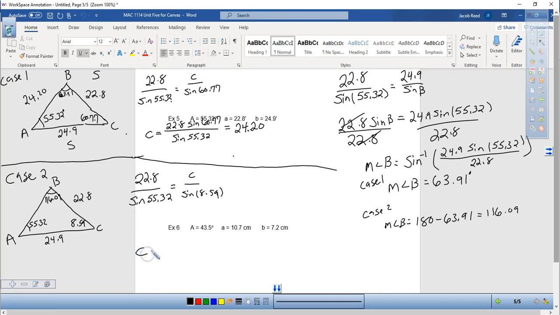So side C down in case 2 has to be 22.8 sine 8.59 over sine 55.32. Type that in real quick. .14 centimeters. Or no, we're talking about feet in this case.